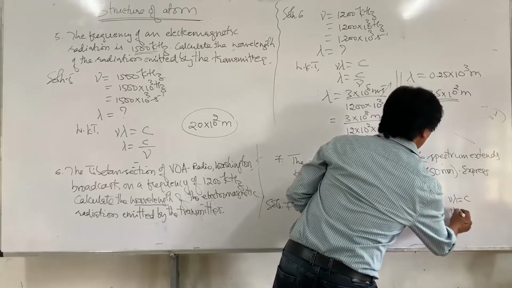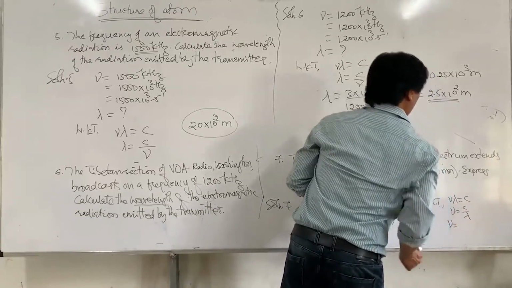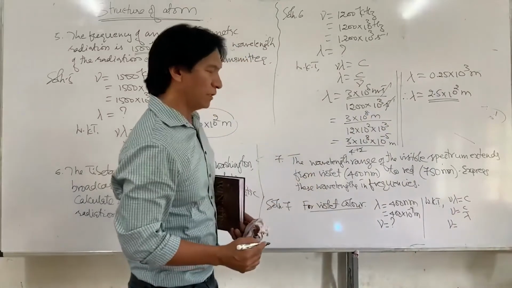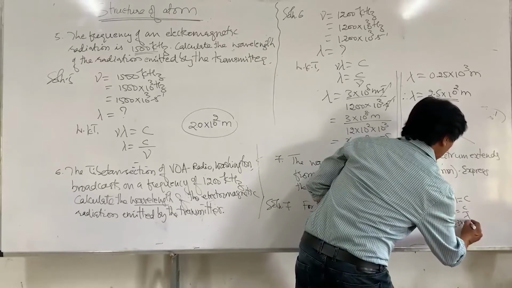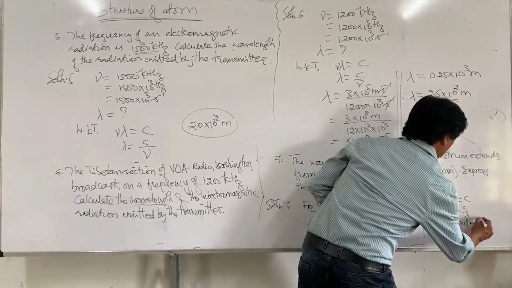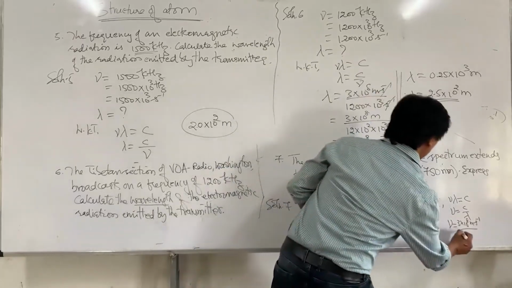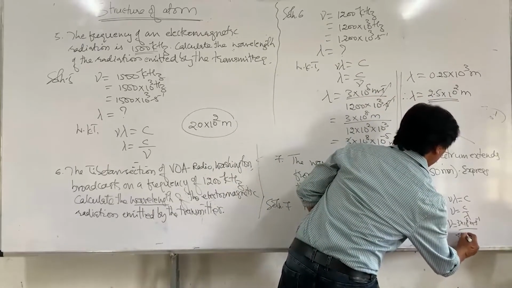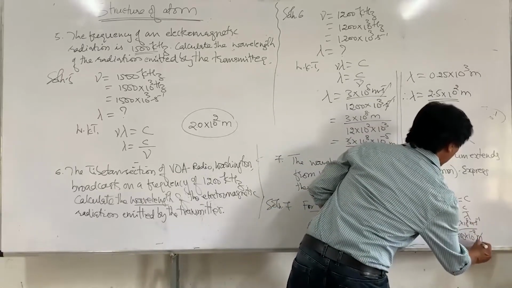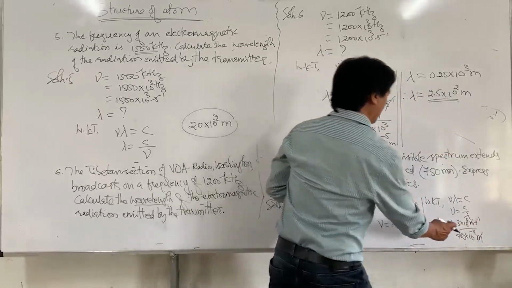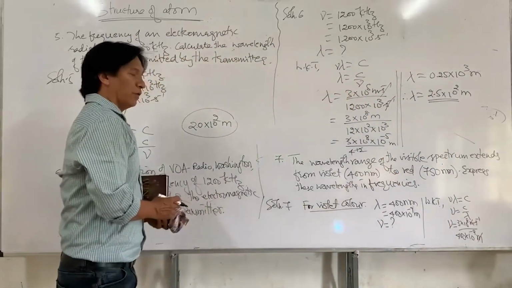What we want is the frequency, so it is c by lambda. So nu is equal to 3 into 10 raised to the power 8 meters per second divided by the wavelength, 400 into 10 raised to the power negative 9 meters. Meter and meter get cancelled, and you are left with per sec. That is the unit of frequency.